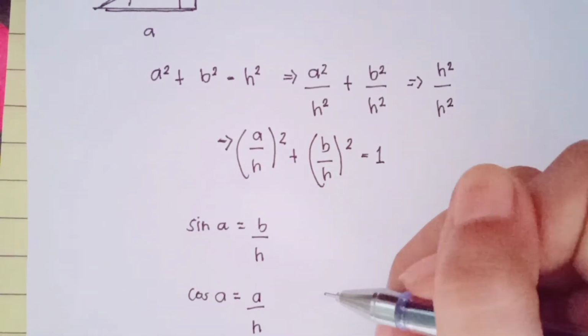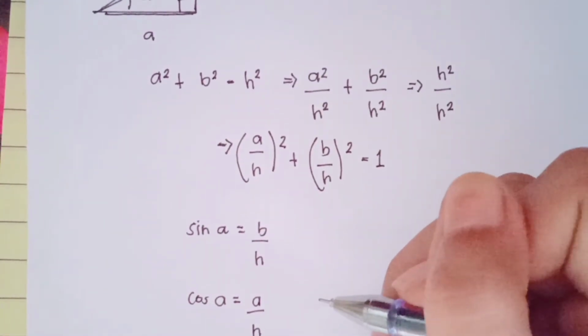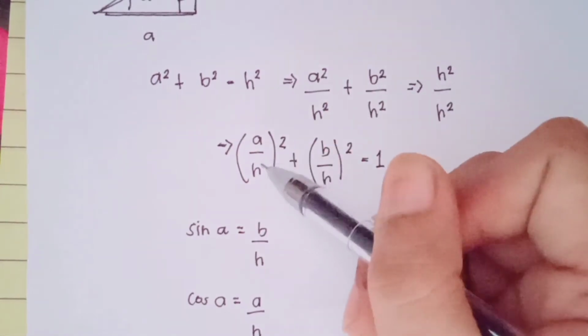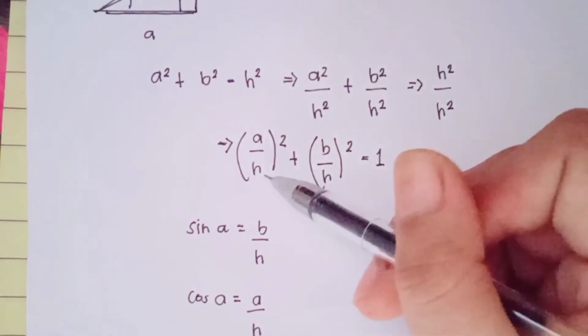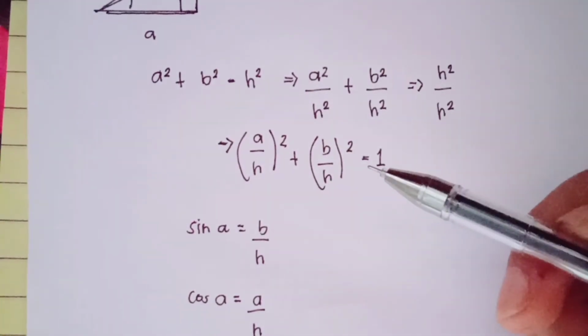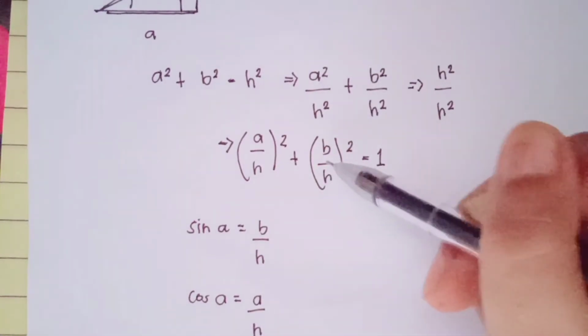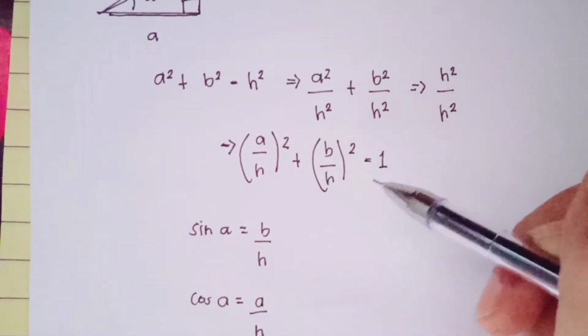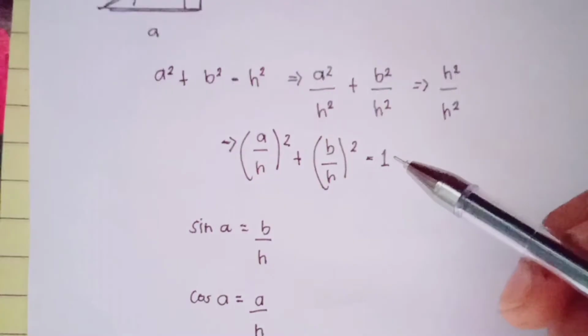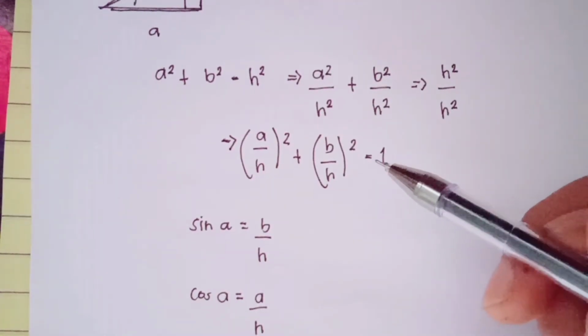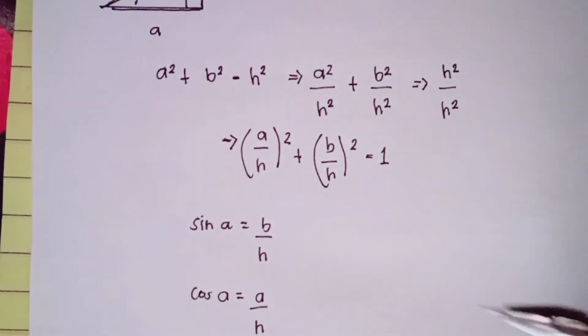This is what appears in the formula we derived. We can substitute (A over H) squared with cosine of alpha squared and (B over H) squared with sine of alpha squared, and put this equal to 1.